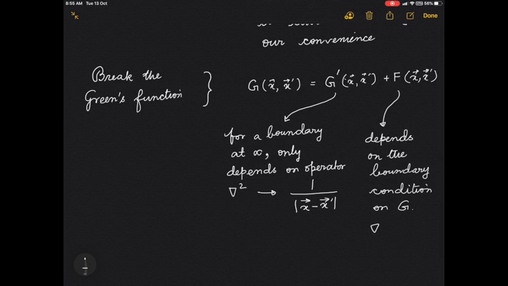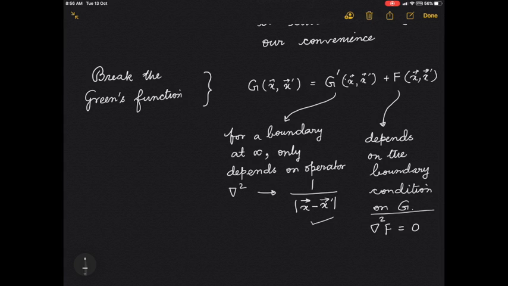So G has a boundary condition, F will depend on that boundary condition, and F is a solution of this equation with that boundary condition. So the boundary condition will be on G, that is what I will choose for a given problem or a given type of problem. Once I choose the boundary condition on G, G prime is already known, as it depends on the operator.